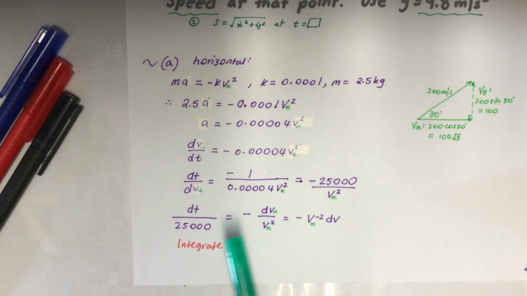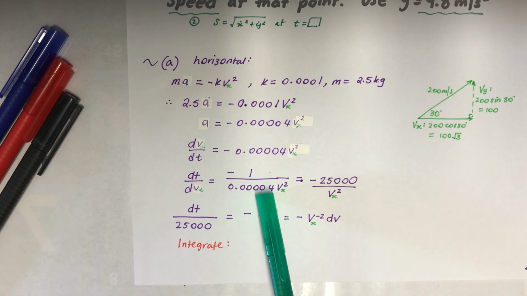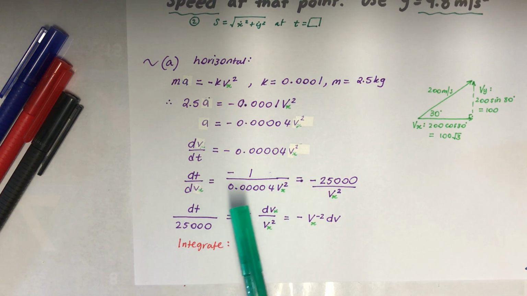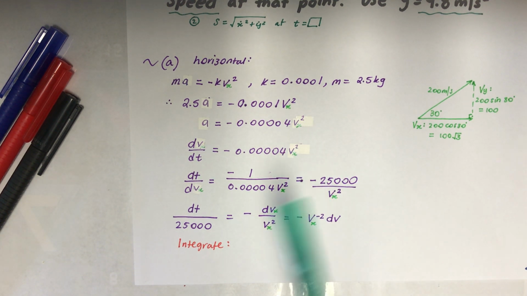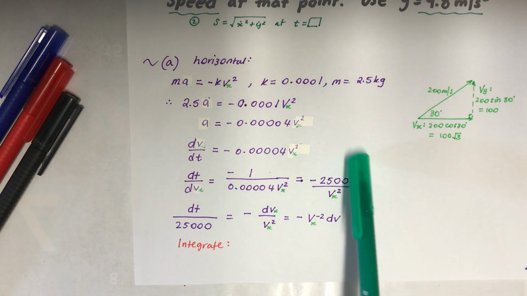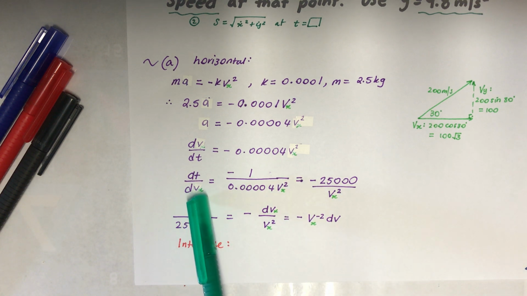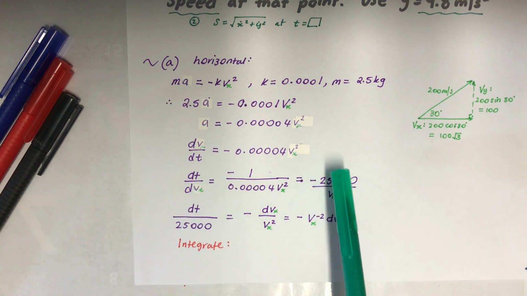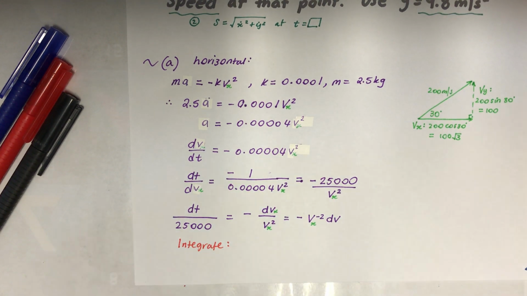Now make sure everything is tidy, like here, I wouldn't leave this one as minus 1 over 0.00004. I'll just change it into minus 25,000. Okay, that'll be a lot easier. And then I'll swap this 25,000 with dvx. I'll swap that, just easier to integrate.